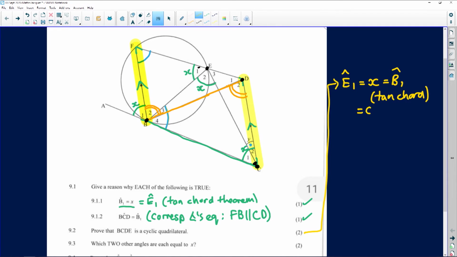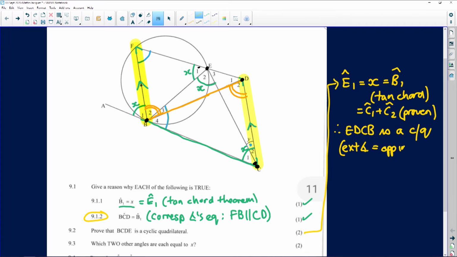So we've argued that E1 is equal to C1 plus C2. And this here was proven earlier, or we've used it in 9.2. So therefore, EDCB is indeed a cyclic quad. The reason is the exterior angle is equal to the opposite interior angle of that quadrilateral.